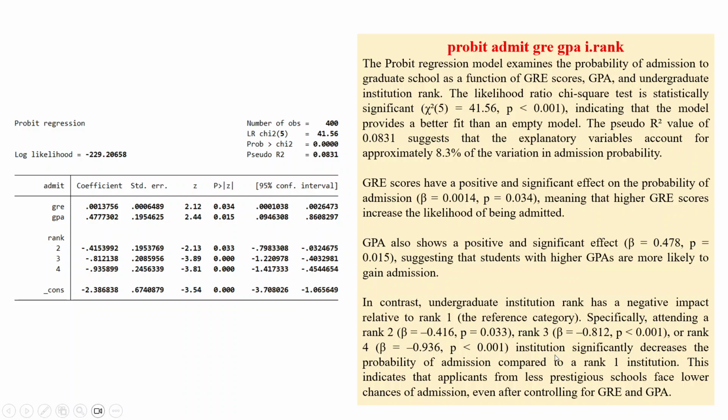So as rank 2, rank 3, and rank 4, your probability of admission decreases drastically. So how will we write? Significantly decreases the probability of admission compared to rank 1 institutions. This indicates that applicants from less prestigious schools face lower chances of admission even after controlling for GRE and GPA.